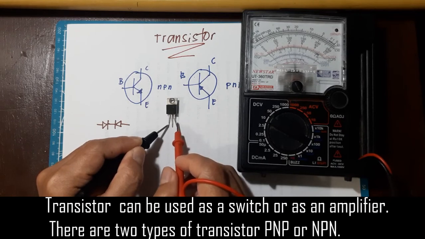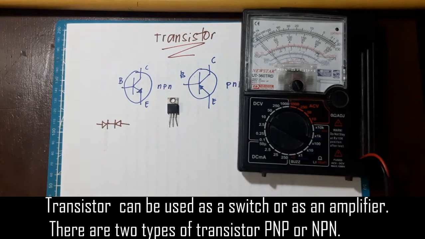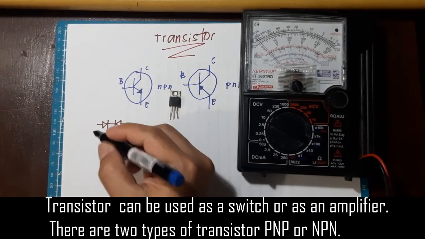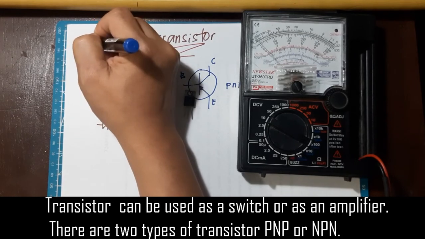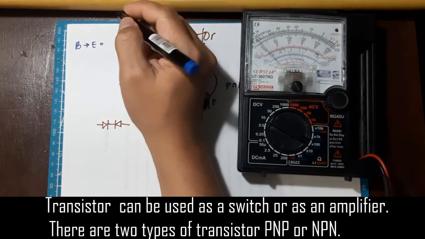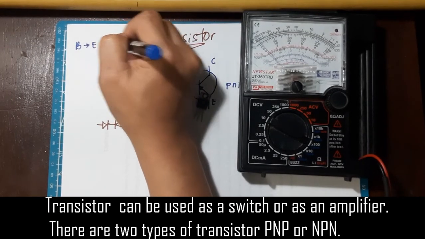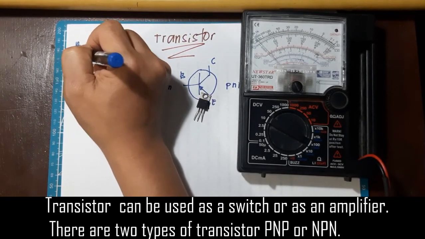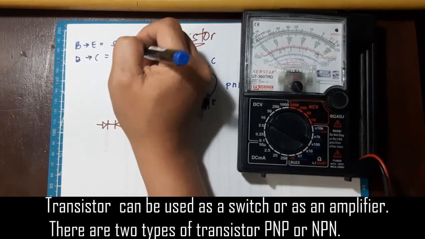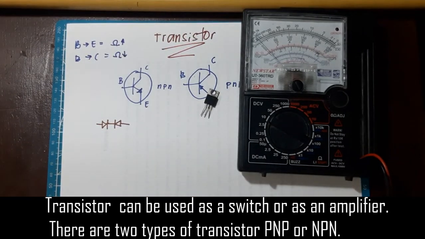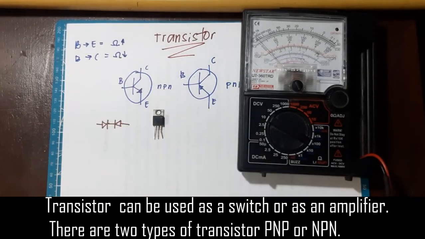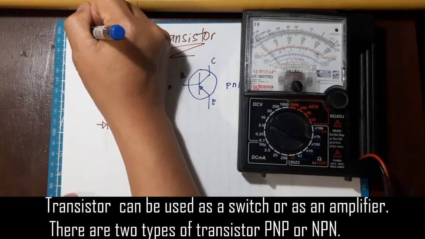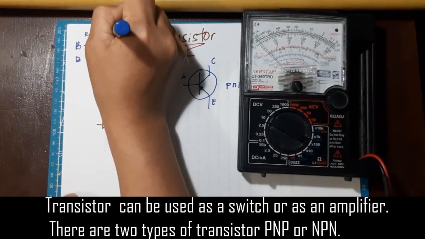Now we are reading two resistance values here, but in order to identify the collector and emitter, we need to set the condition wherein the base to emitter is slightly greater than the base to collector in terms of resistance.